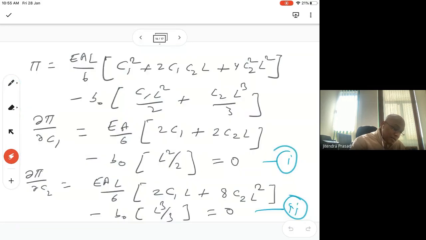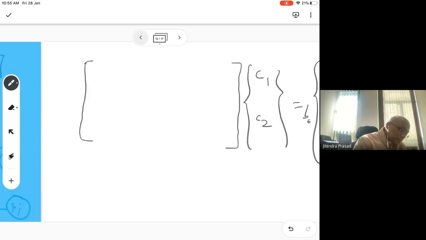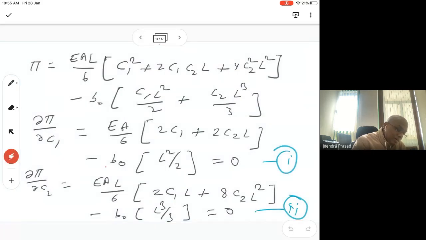Now C1 and C2, this term does not have C1 and C2, so this will straight away go to the other side. So this will be B naught L square over 2, B naught L cube over 3, because they are going this side.